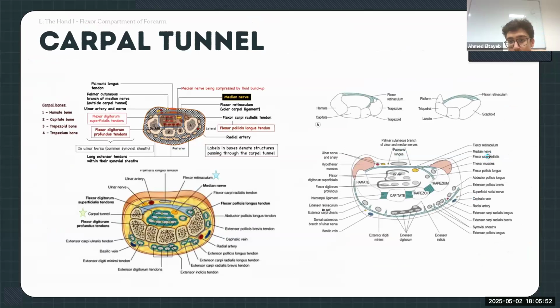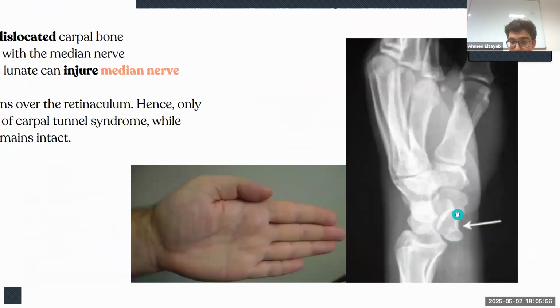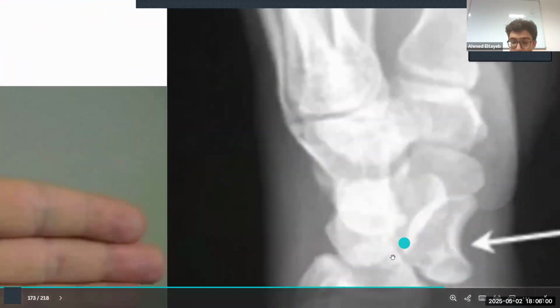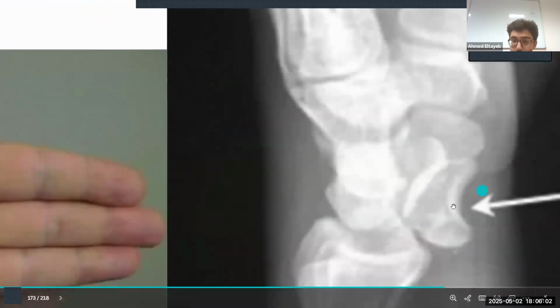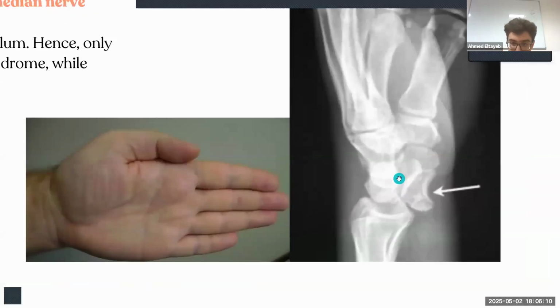Where is lunate? Over here, we can see it very clearly on X-ray. It should be just posterior, right? Now it's dislocated anteriorly and now it's compressing. So you have all these structures going here, and then this bone is pressing up and compressing the nerve. So the median nerve is affected.